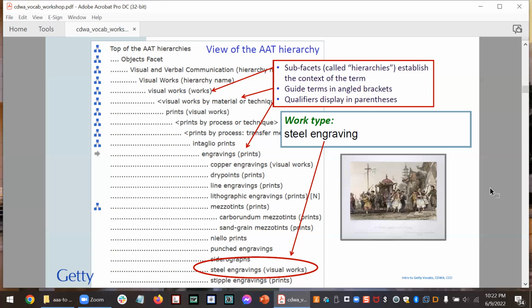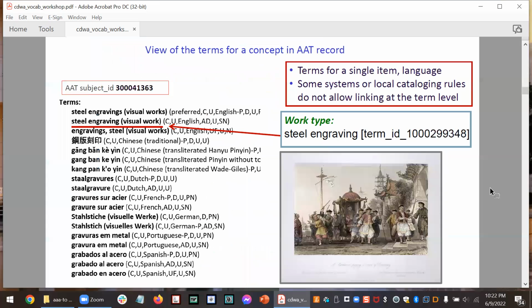And the terms, as long as they're not in square brackets and angled brackets, can be used for indexing. Here is a look at the various terms for steel engraving in the AAT. And just to point out, if you want the singular form, you can link to that. There's the subject ID plus this ID for the term will make your link for you.